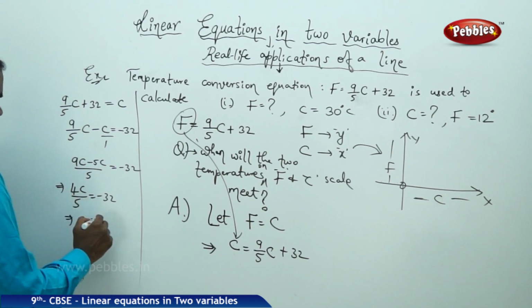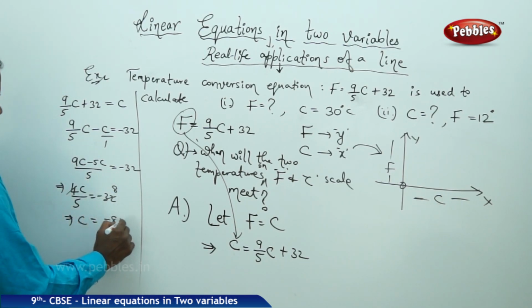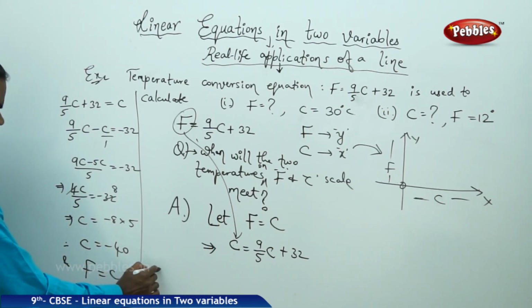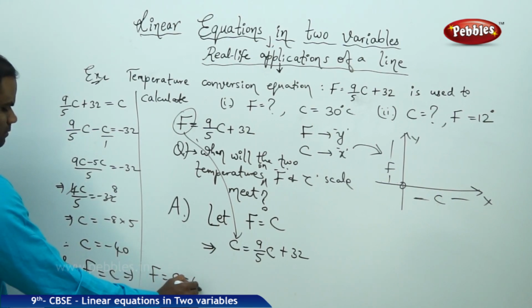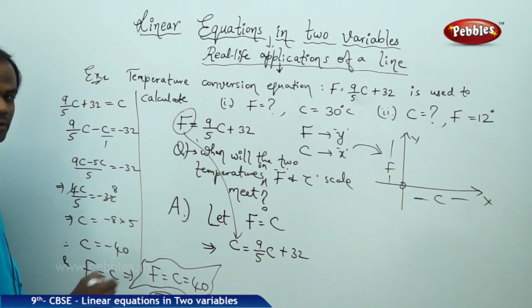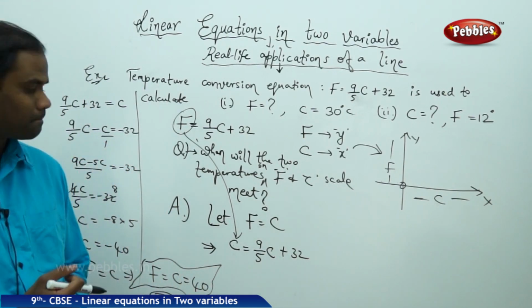That implies C is minus 8 times 5. Therefore, C is minus 40, and F equals C implies F is also minus 40.